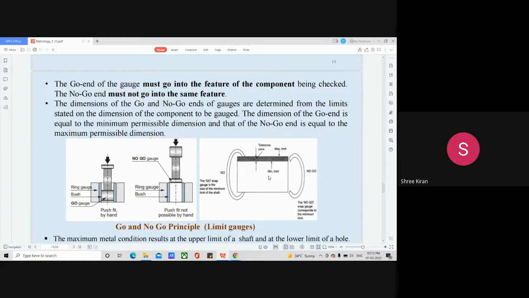Then the dimensions of the go and the no-go ends of gauges are determined from the limits stated on the dimensions of the component to be gauged.